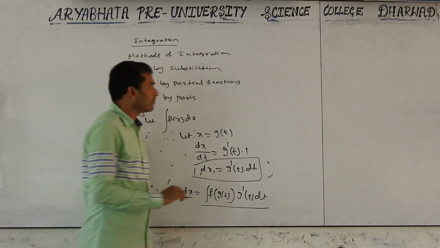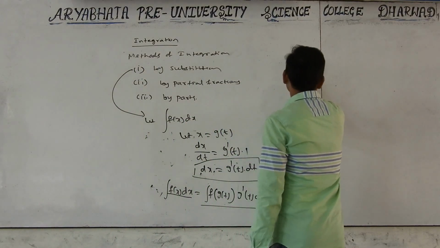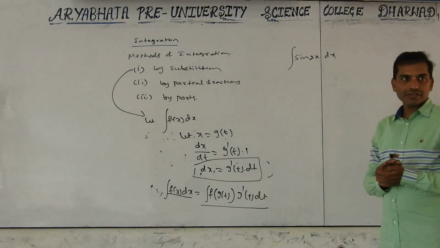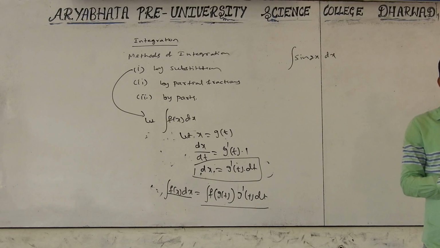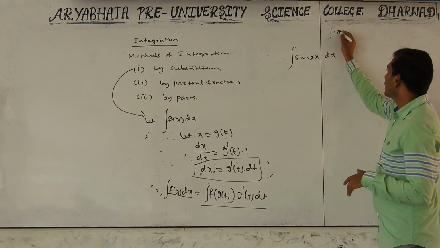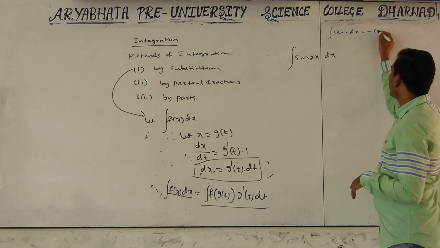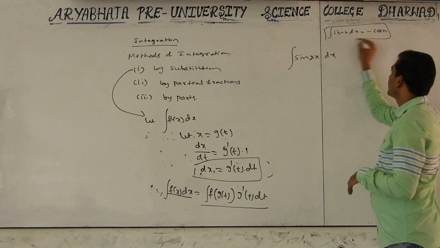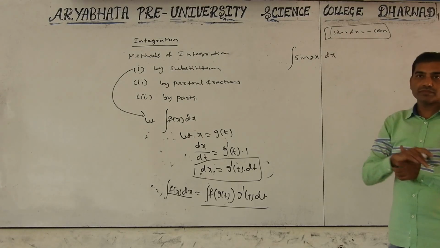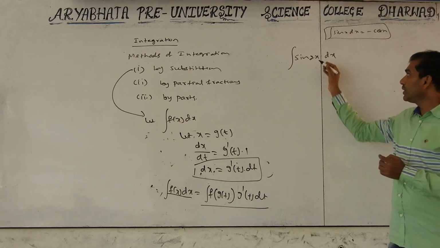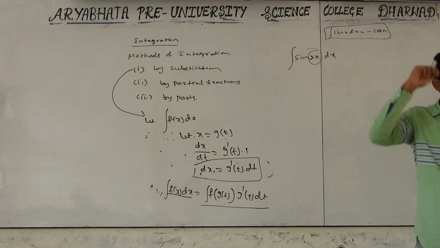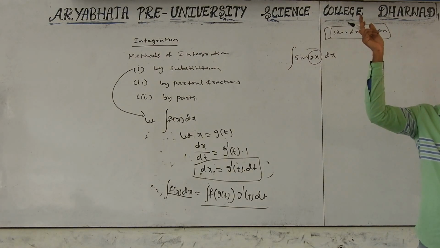For example, integration of sin 2x dx. We know the standard formula, the integration of sin x is minus cos x. But is it in sin x form? No. But if I take 2x as t, then does it look like the sin form or not? Yes.